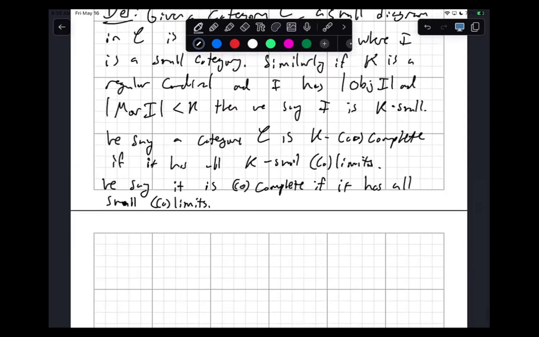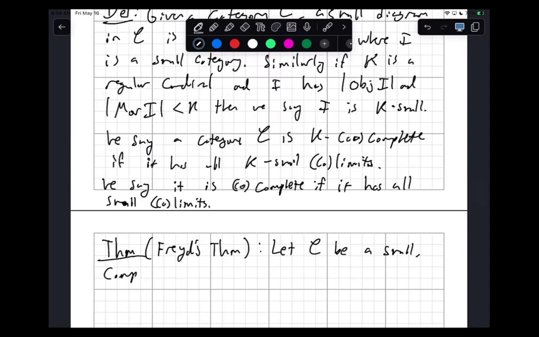By the following result of Freyd. This is Freyd's theorem. Let C be a small complete category. So that means it has all small limits. Then C is a preorder.